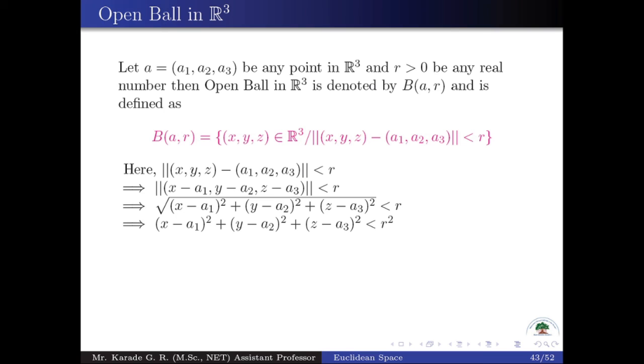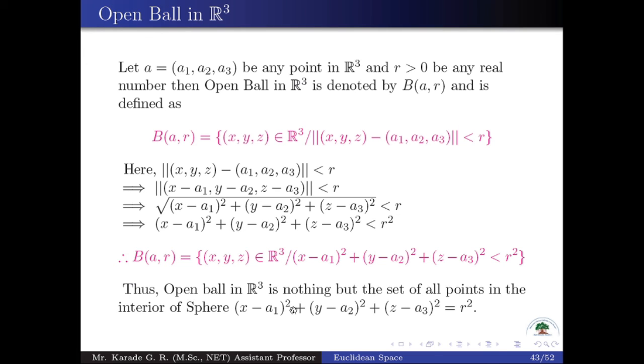So see here, the open ball about point A with radius r is the set of all those points in space which are in the interior of the sphere (x minus a1) squared plus (y minus a2) squared plus (z minus a3) squared equals r squared.